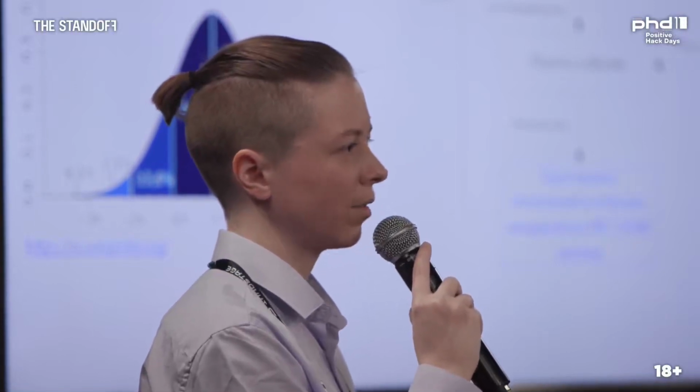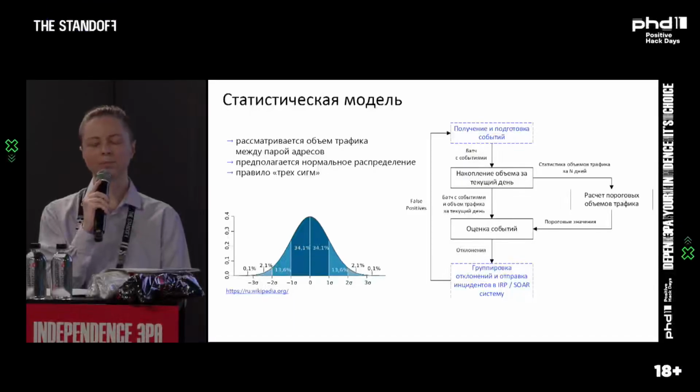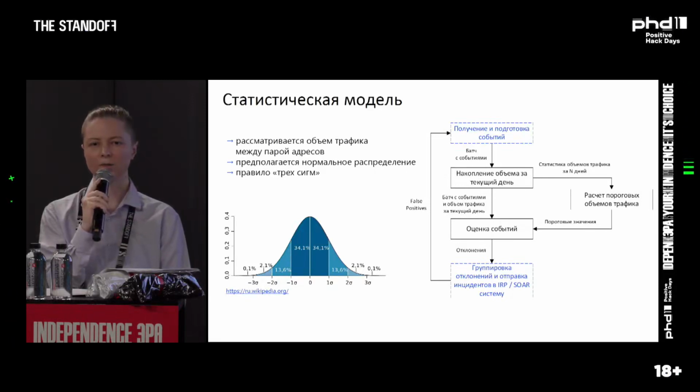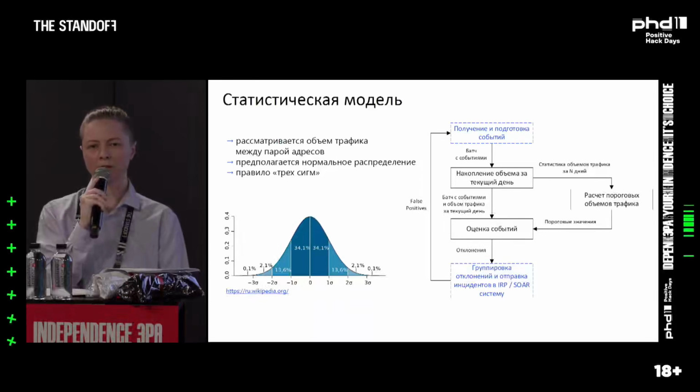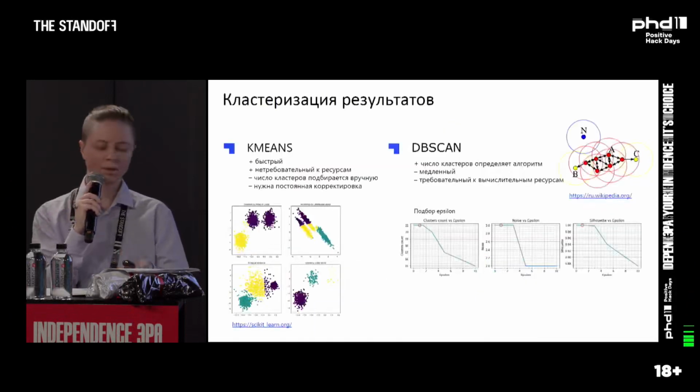We gathered the data by days and would put the threshold. Then we analyzed the events, and we accumulated the volume between these couples, the source and the recipient. As soon as we saw the exceeding of the threshold, we marked those events as deviations.